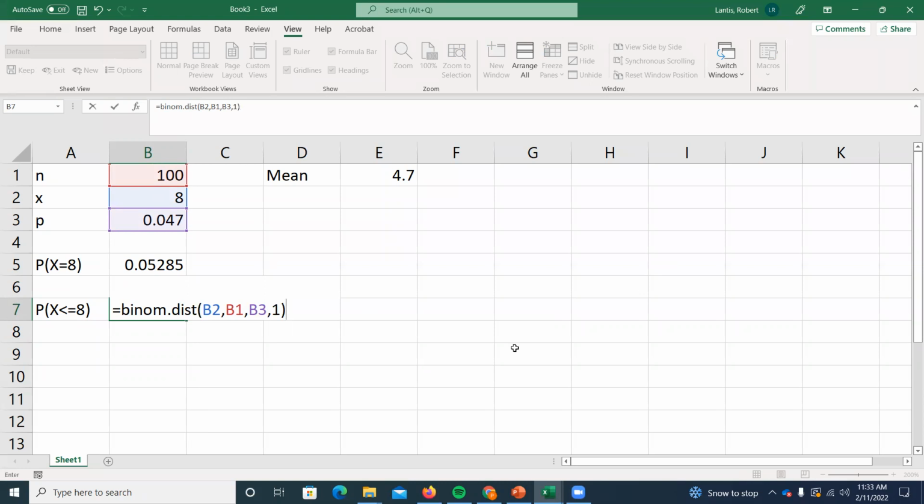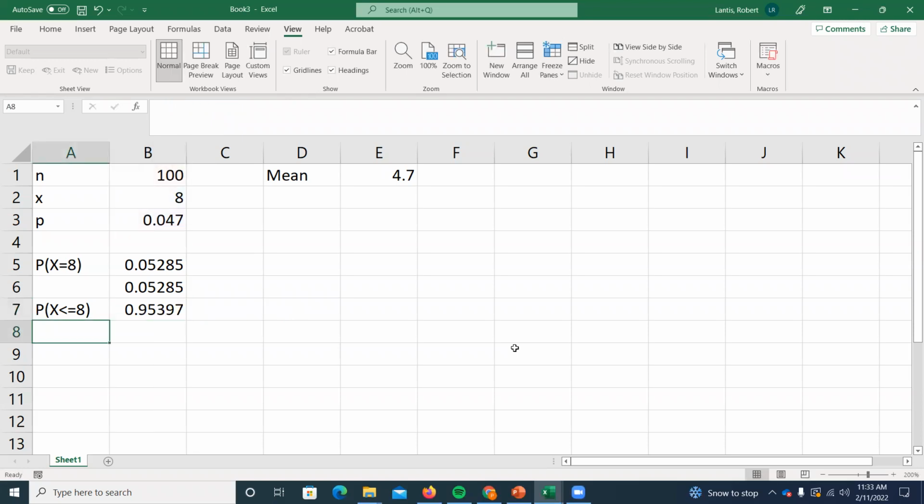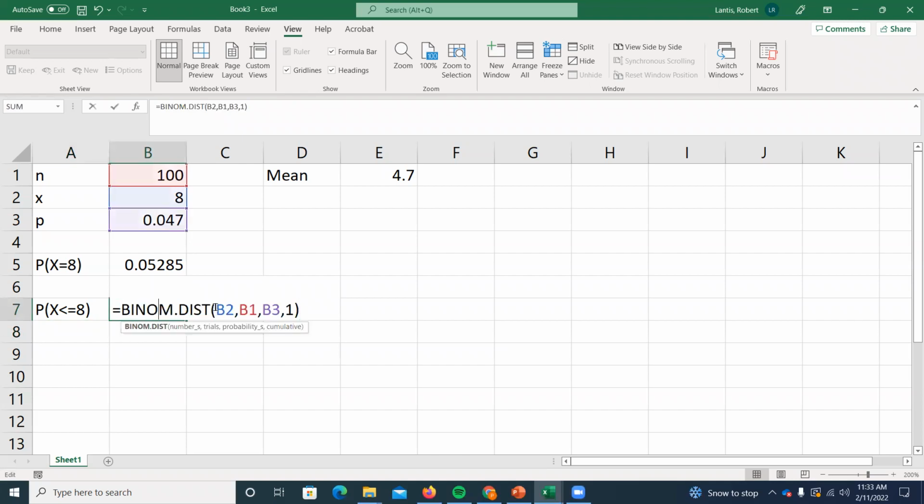So that tells Excel, okay, start at 8, use the binomial distribution, find the probability of 8, add to that the probability of 7, all the way down to the probability that X is equal to 0. And sure enough, it ends up being a pretty high probability. Any questions there? So the only difference there is I made it cumulative, so it found the probability of 8 and anything below it.